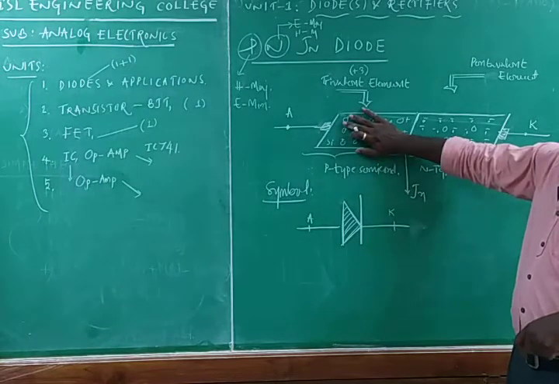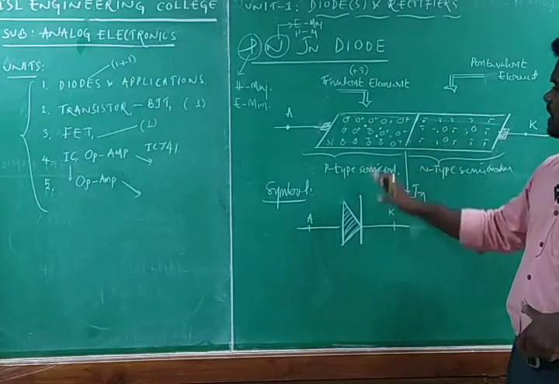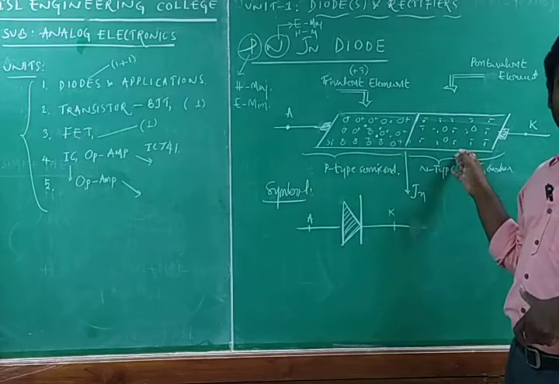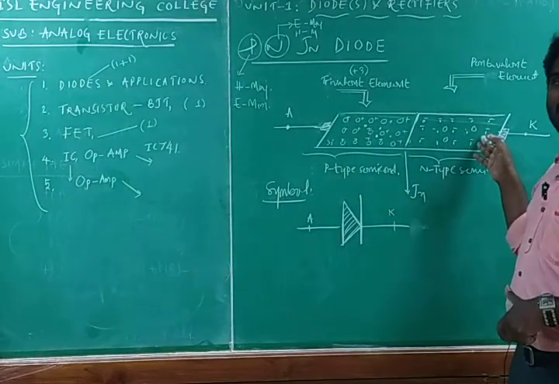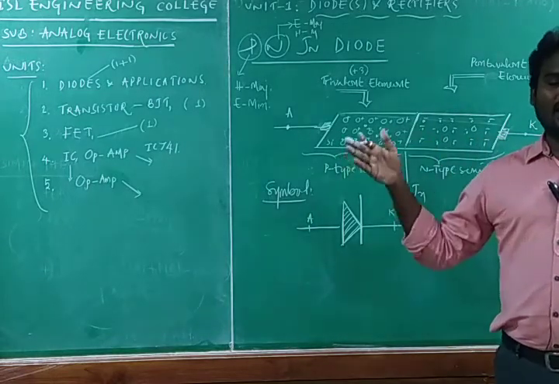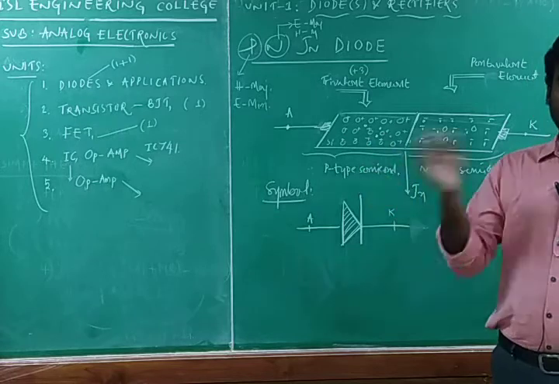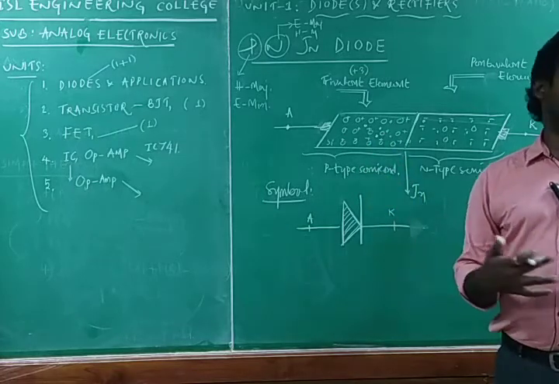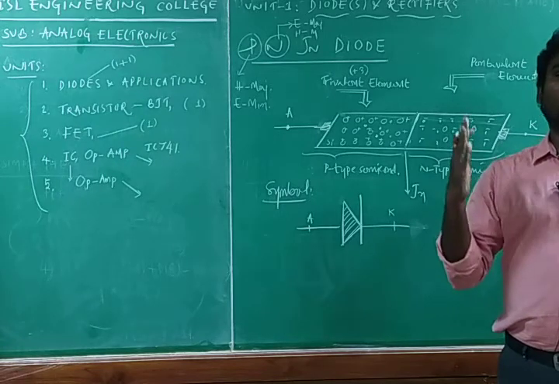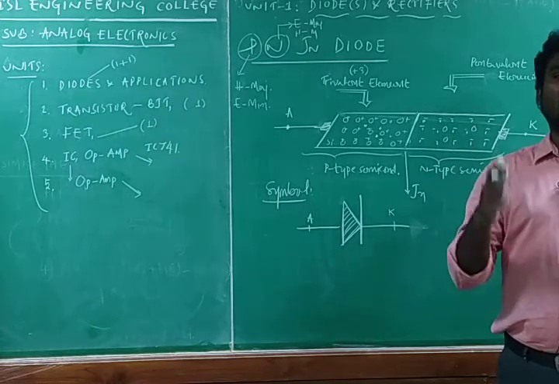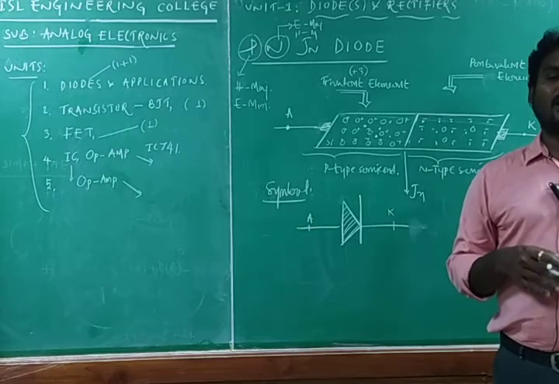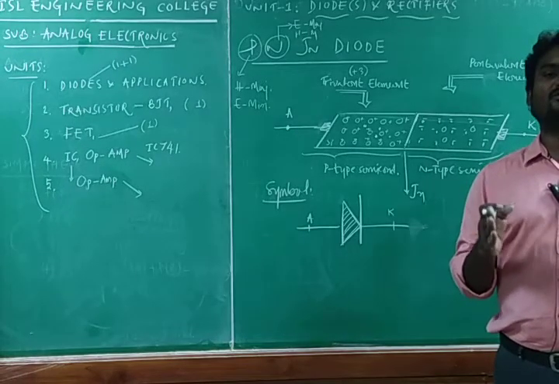Here more positives are there, here fewer positives, so the more positive holes want to diffuse from the p side to the n side. In the same way, more negatives want to diffuse from the n side to the p side. As they diffuse, there will be a recombination of electrons and holes, which forms immobile ions across the junction on both sides, and those immobile ions form a layer.